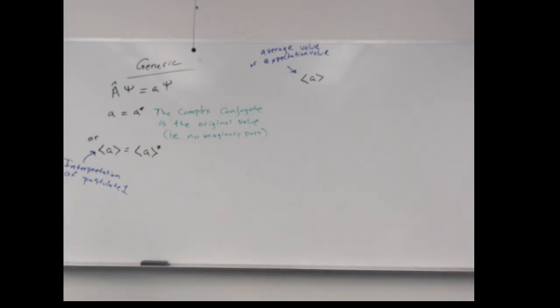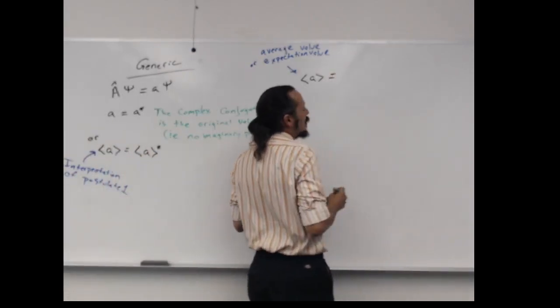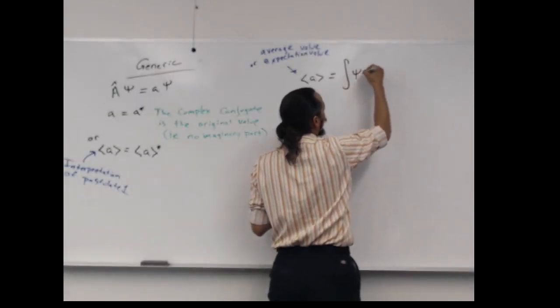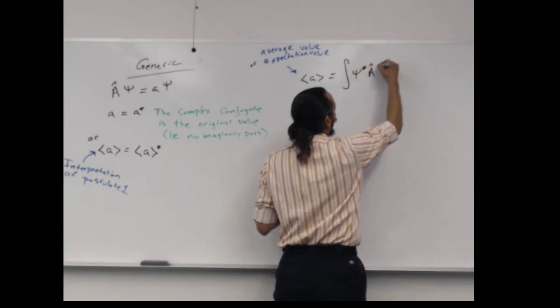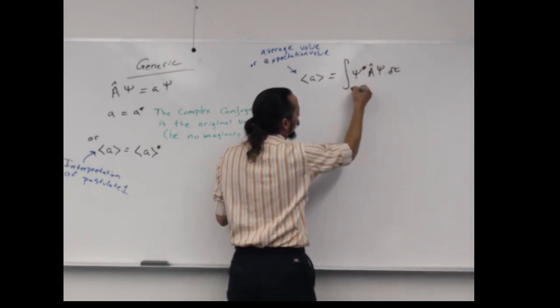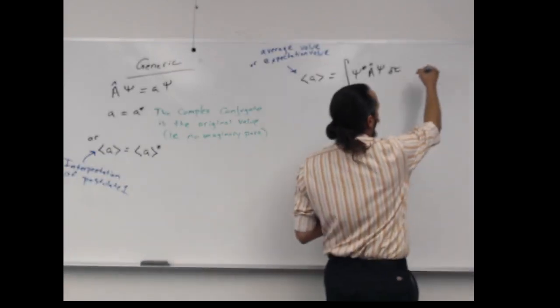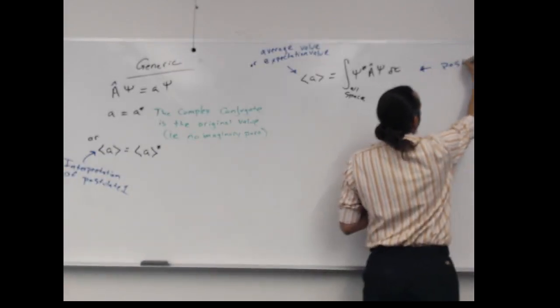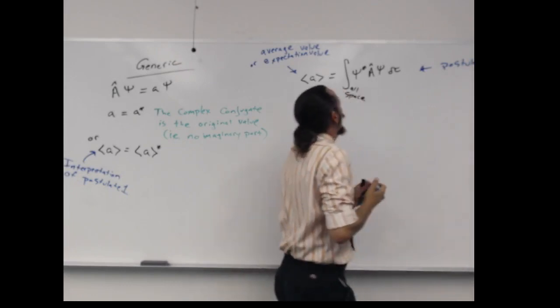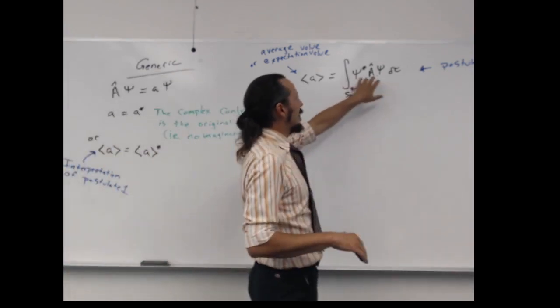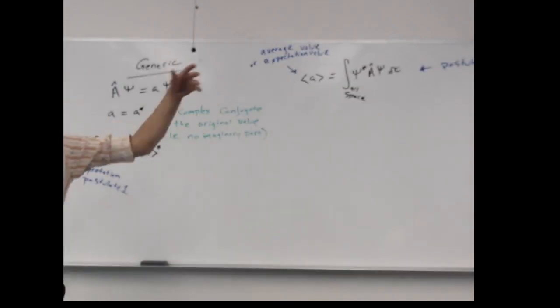And the way we write this down is going to be from postulate 4. So postulate 4 says the expectation value of some operator a is going to be the integral, right, so that's going to get us the expectation value, the average value of a, is going to be defined by this psi star a psi d tau, this integral over all space.